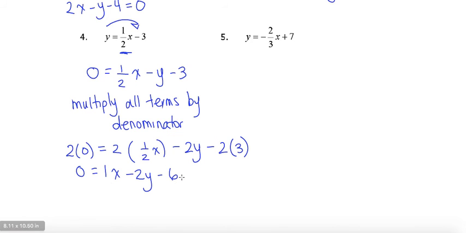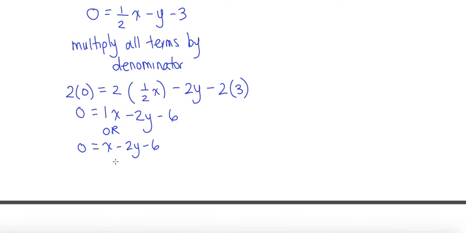So you can keep your answer like this, or you can rewrite it so there's no 1 in front of your x. So you can have it like this. Or you can write it so that your terms are on the left-hand side and your 0 is on the right-hand side. Either of these answers I will accept.